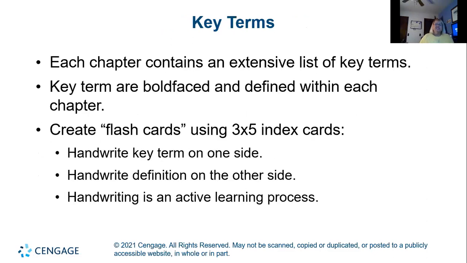Okay, key terms. Each chapter contains an extensive list of key terms, so we need to make sure that we refer to them and get a good grasp on their definitions. They're boldfaced and defined within each chapter. Key terms for the ICD-10 manual are in the alpha section at the front of the book, and we'll talk about that.